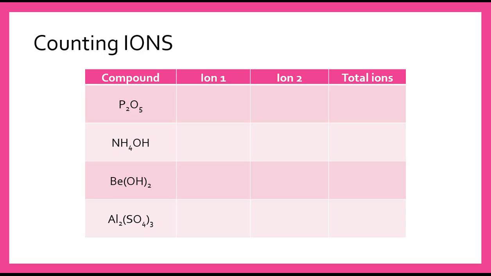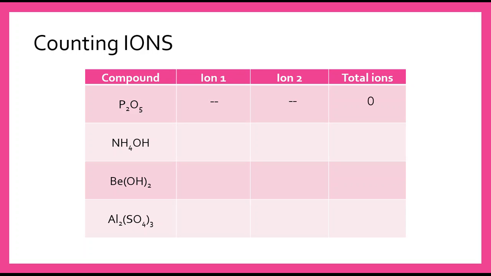Because P is a nonmetal, O is a nonmetal, so what type of compound would that be? Would it have ions? No. So it'd be covalent. Very good. So no ions in a covalent compound because they're sharing electrons.